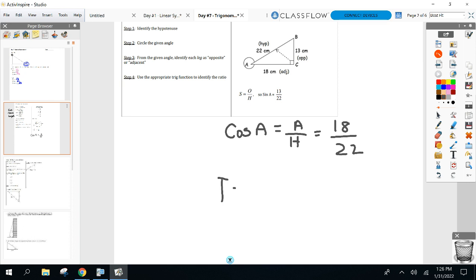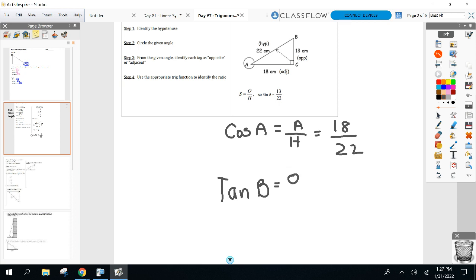Let's find the tangent ratio for angle B now. So I look back at SOHCAHTOA.